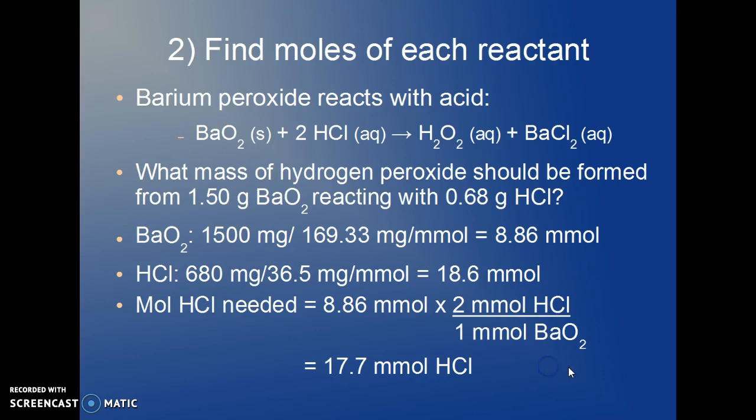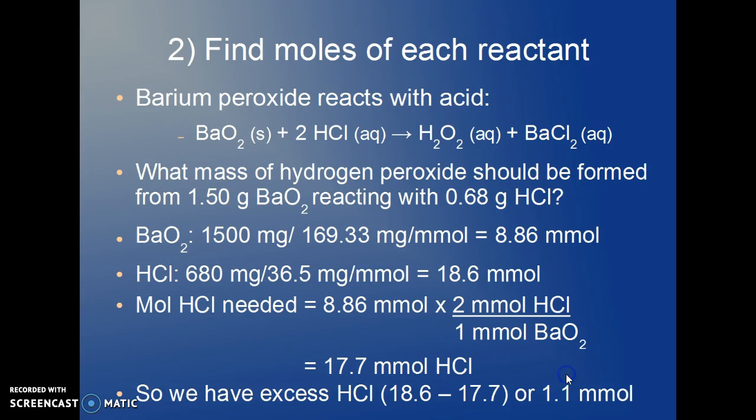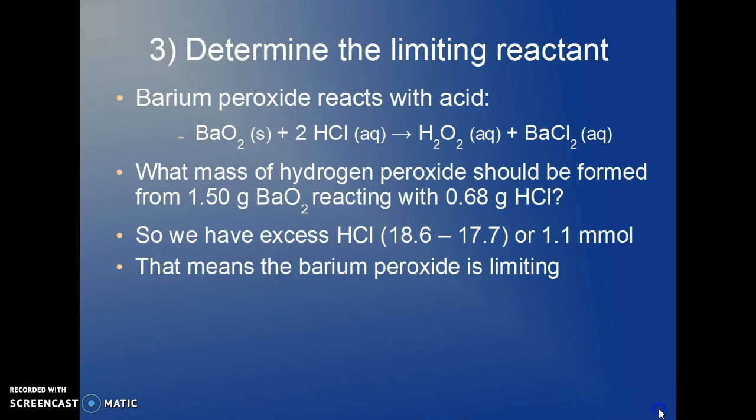When we do that, we find that we need 17.7 millimoles of hydrochloric acid. However, we have 18.6 millimoles of hydrochloric acid, more than we need. HCl is in excess by 1.1 millimole.